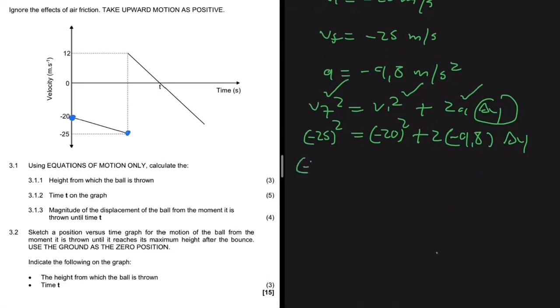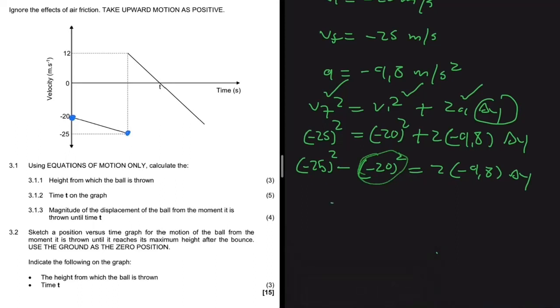We're going to have minus 25 squared minus 20 squared equals 2 multiplied by minus 9.8 delta y. We just took minus 20 squared to the left-hand side. Now it's obvious what we're going to do: divide both sides by 2 multiplied by minus 9.8.